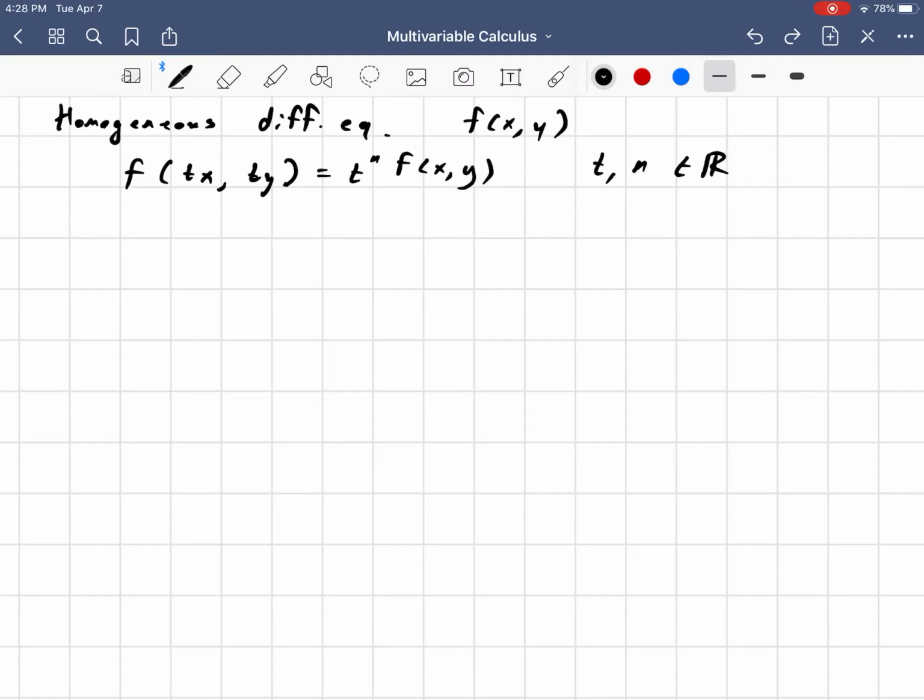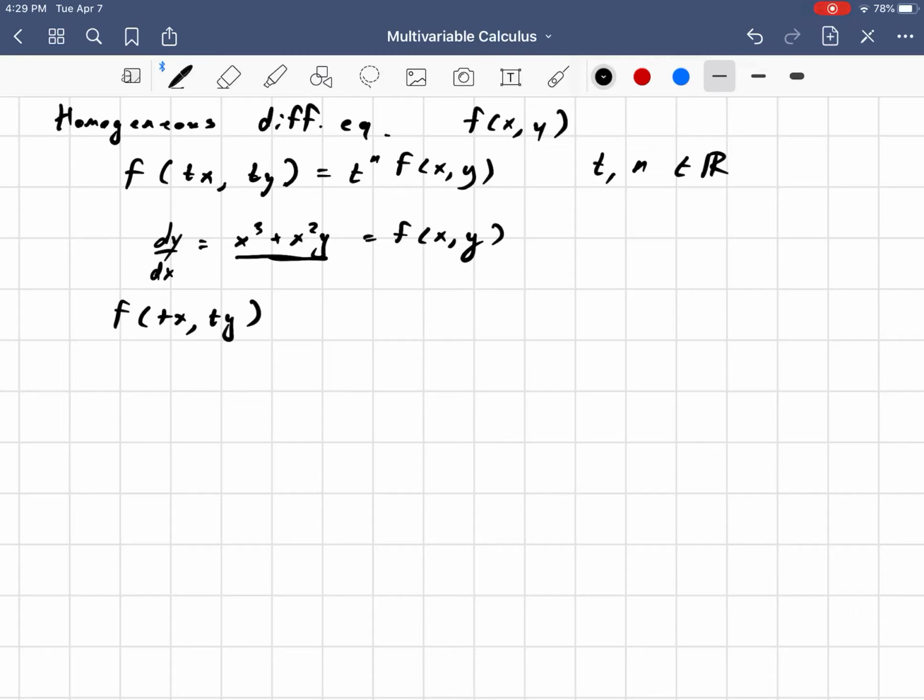So maybe an example of that would be nice. Say dy over dx is equal to x cubed plus x squared y. Okay, so we consider this part here to be f of x y, a multivariable function.